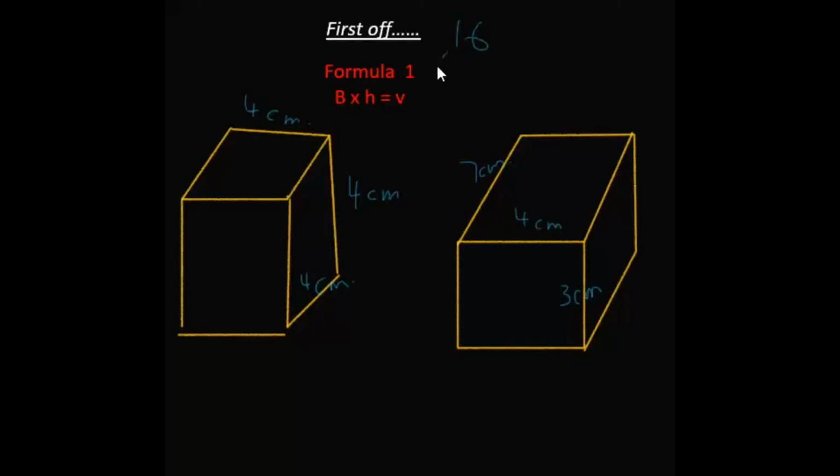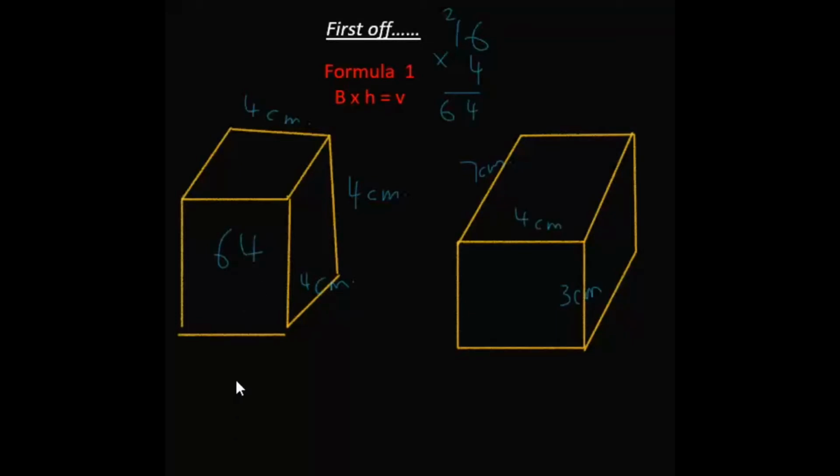16 times 4 equals, so 6, 12, 18, 24. 24, so put 4 here, put the 2 up here. 4 times 1 is 4. 4 plus 2 is 6. So we got a volume of 64.